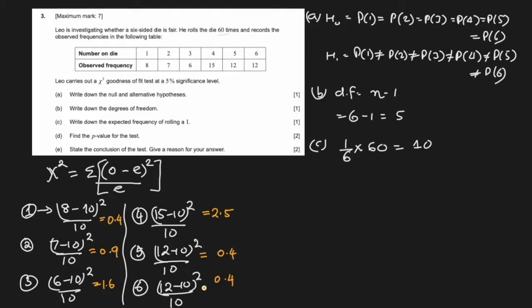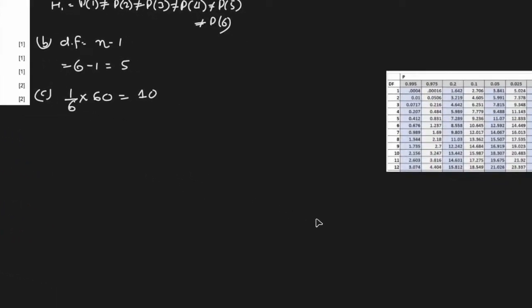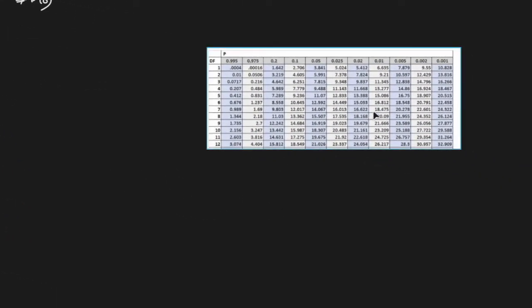Okay, so I've found all the values, and now I'll find their sum. Sigma means add all of them. So 1.3, 2.9, 5.4, 5.8, 6.2. 6.2 is chi-square. Let's look at the table. For this, the degree of freedom we can see is 5.